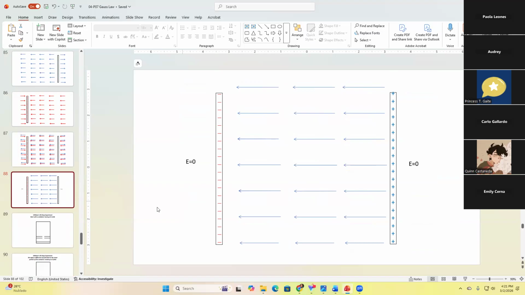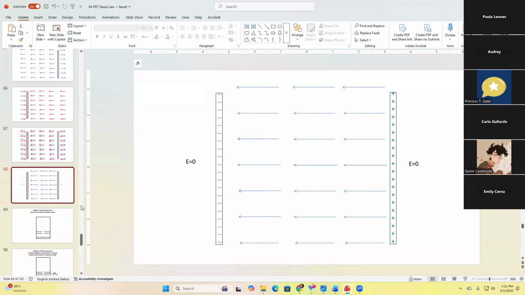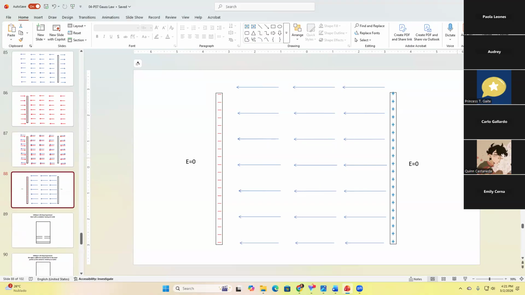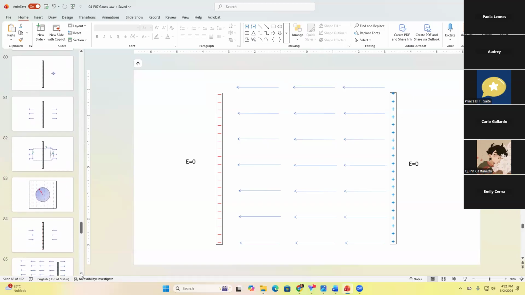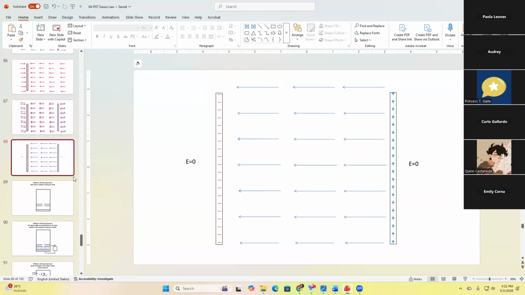And we can repeat the same thing for two plates of the same sign. That was exactly the situation that we had in our first lab: an intense field between the plates, and a field almost 0 on the outside of the plates.